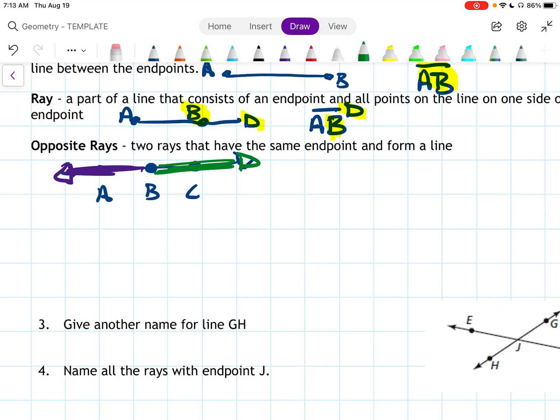Together, if you butt them up, they form the full line, right? So we could say that ray AB, oops, I have to put the A closer to the arrowhead. So this would be ray BA, and ray BC. Those are opposite rays, right? Because together they make the full line.